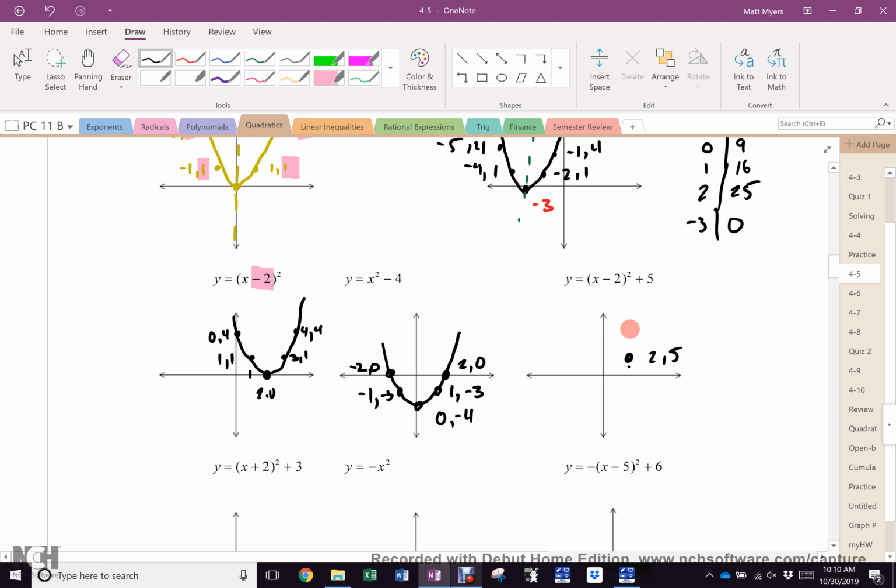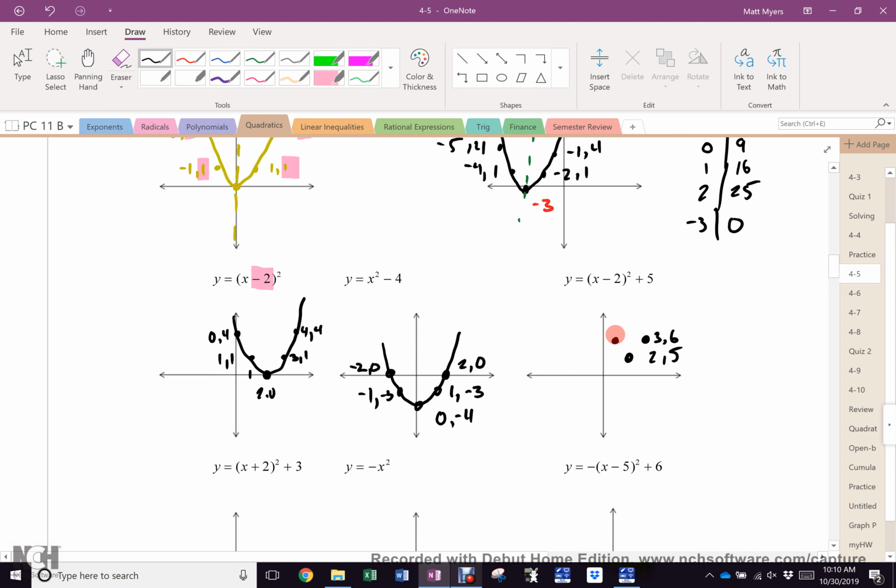So I have room to show you. We've made no other change, so I go 1 to the right, and how far up? One. So what is that point right there? What's 1 to the right? 3 and 1 up.